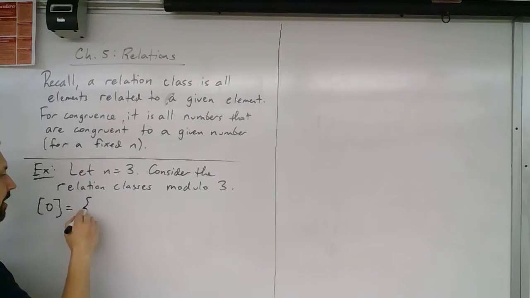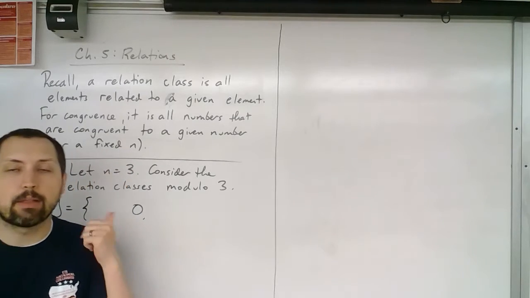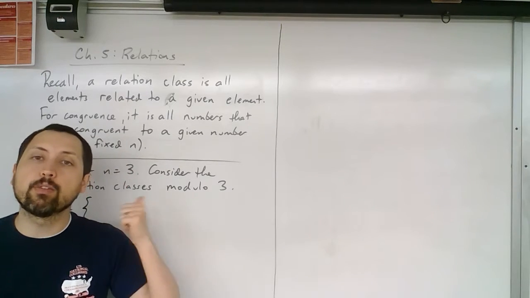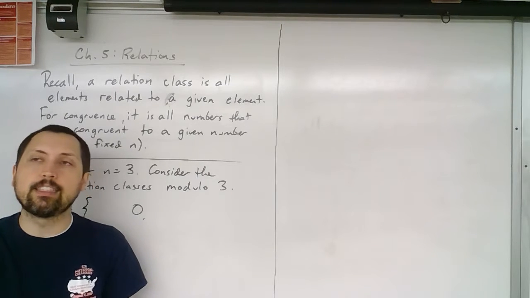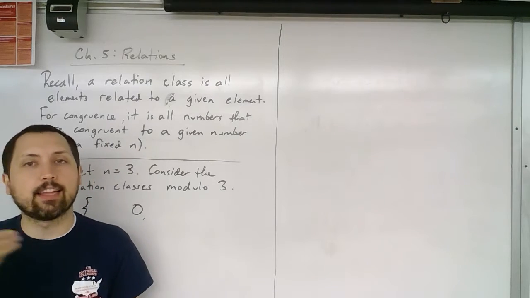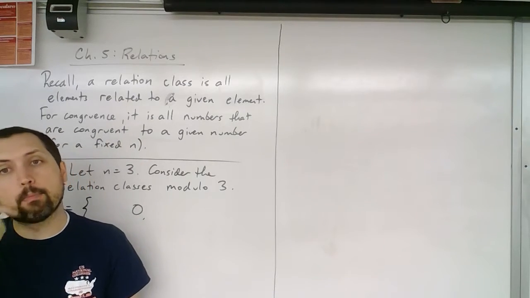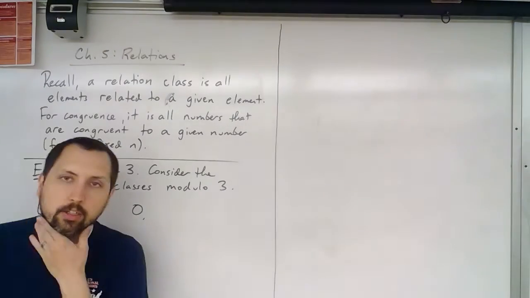Well, we know within the set there has to be the number 0, because we showed last time that this relation is reflexive. So 0 is related to 0. In other words, 0 is congruent to 0 because anything is related to itself. So mod 3, indeed, this is true, and 0 is inside this list of numbers.